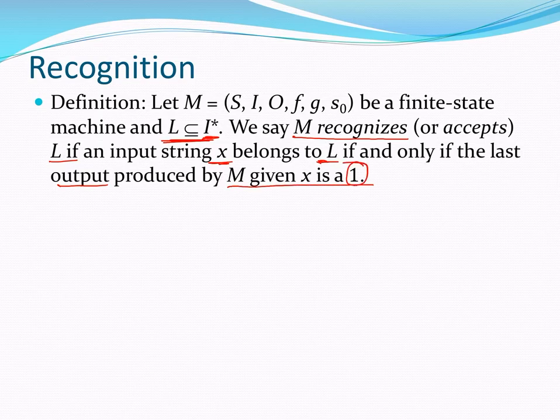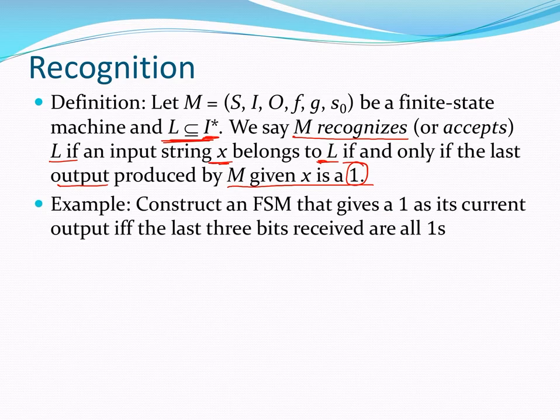So if we receive an input and the output of our machine is not a 1, it did not recognize that word. And if the output is a 1, having received the input, then we say that the machine did recognize that word.